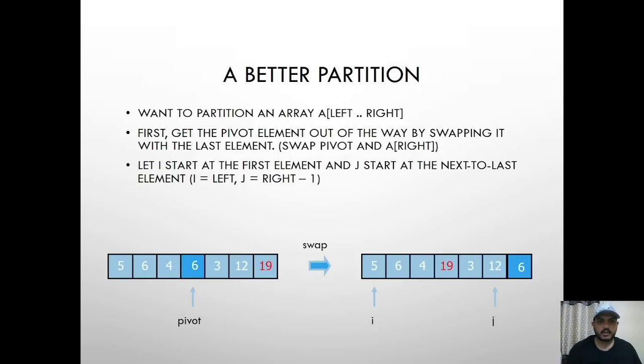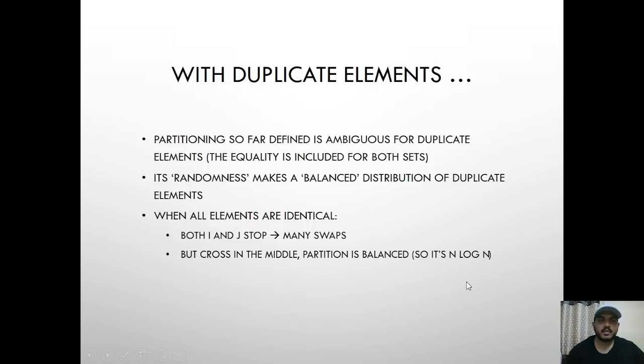That is, i equals left and j equals right minus 1. As you see here, i is at the left side and j is at right minus 1 place.